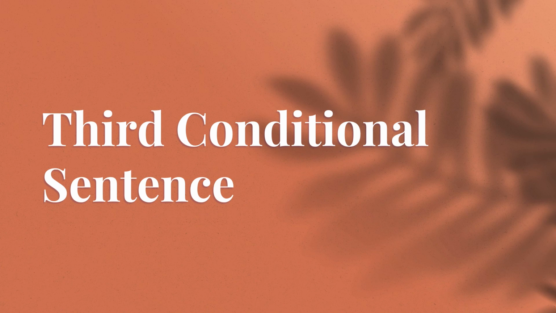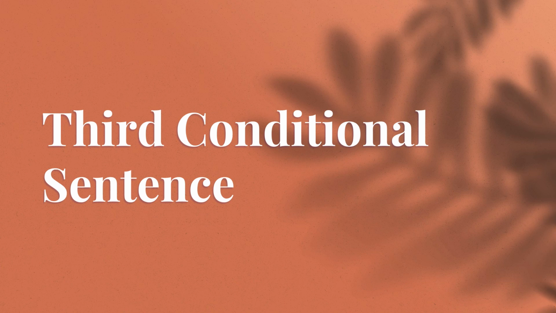Well, second conditional sentence is to talk about a present situation that is impossible to happen. So it's like an imagination. For example, if there were no coronavirus, we would not have an online class. But what's the reality now?